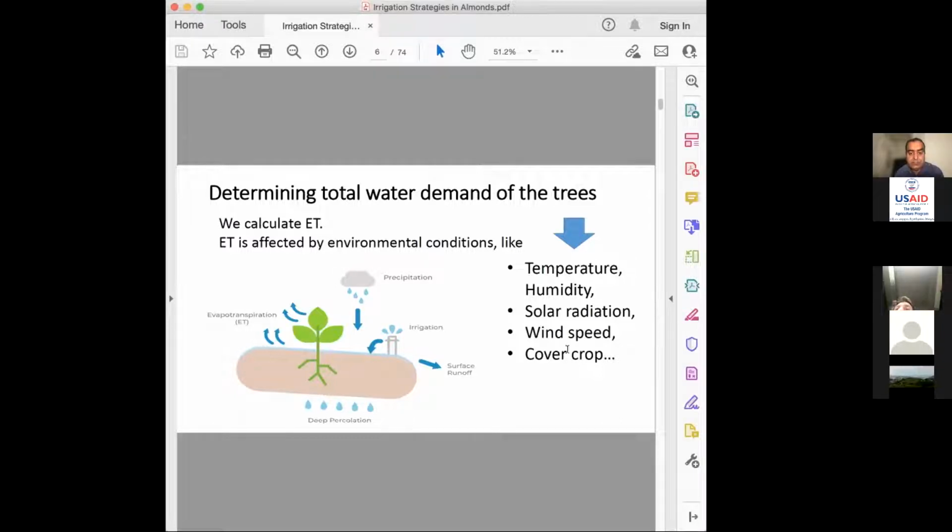And then there is the presence of cover crop. In California these days, because we want to improve our soil health, we plant a lot of cover crops in the middle. Whenever there is a cover crop, that means there are leaves on the ground as well, in addition to the trees. So the cover crops add a lot of water demand.